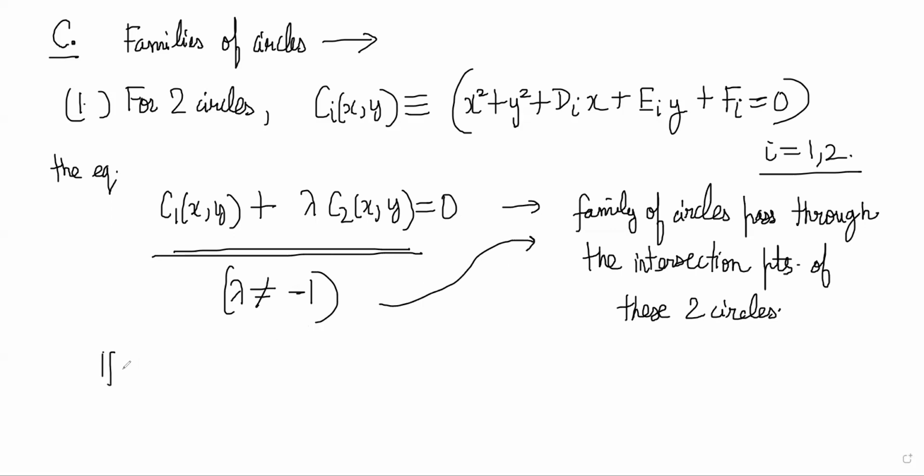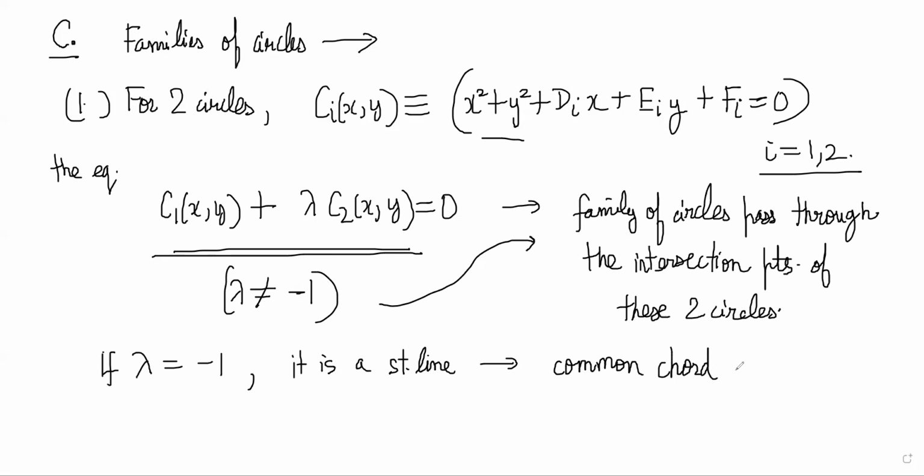If lambda is equal to -1, when you have -1 here, the x square, y square terms will get cancelled and you end up with the equation of a straight line, and that straight line is actually the common chord of the two circles if the circles intersect.